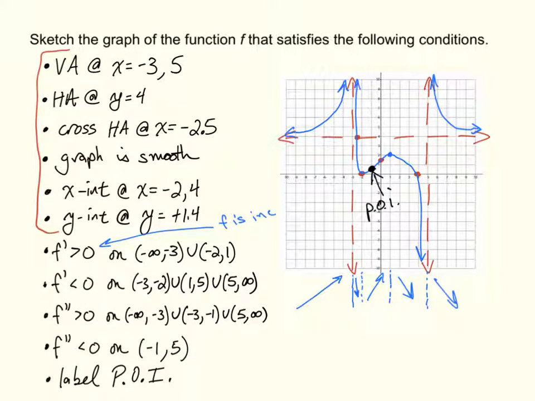And that is a point of inflection because I can put my laser pointer here and give it an x and y coordinate. You may notice that at x equals 5, the graph stops being concave down and starts being concave up. However, there is no point of inflection here because this concavity change happens at a vertical asymptote. So this blue graph over here is what the sketch of the graph that satisfies all these conditions looks like.